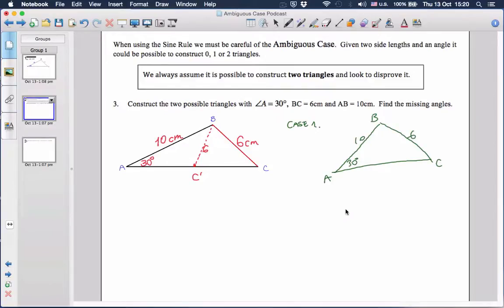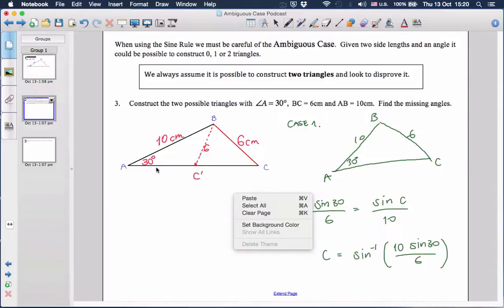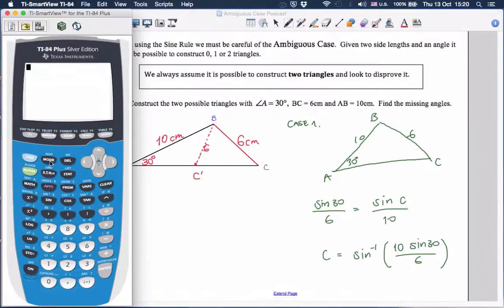So I'm going to use the sine rule. Sine of 30 over 6 is equal to sine of C over 10. And if you solve for C, you get arcsine of 10 times sine of 30 over 6. And let's find out what that is. Let me make sure I'm in degree mode.